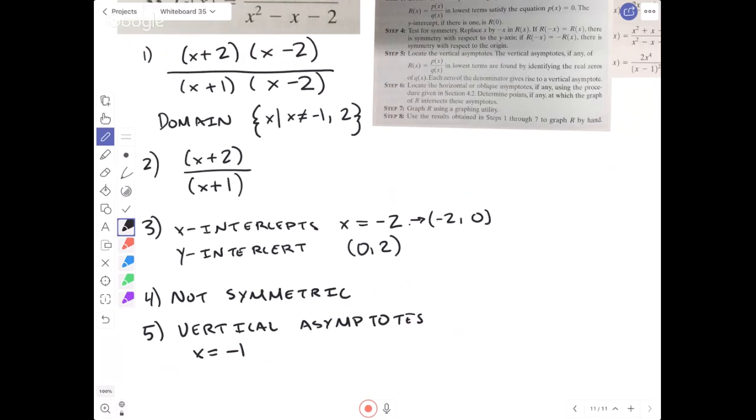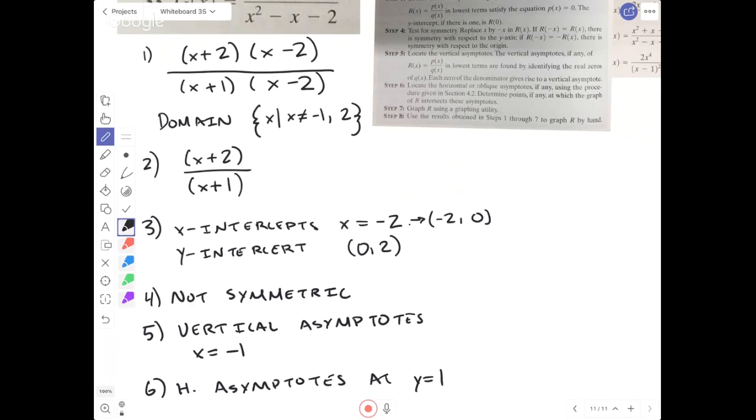Step 6, horizontal asymptotes. Well, this is the case where the numerator has the same degree as the denominator. So that's going to be the ratio of the coefficients, which is 1 to 1. So y equals 1.